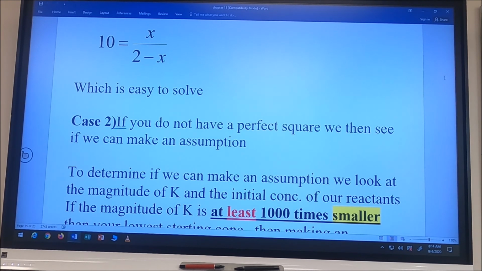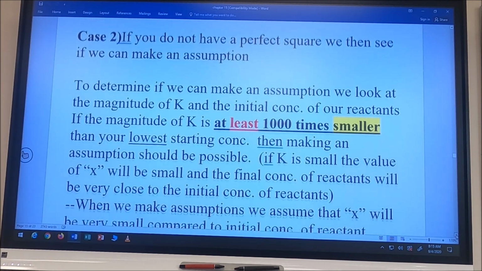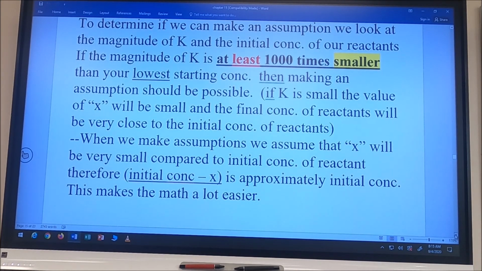Assumptions are kind of fudge factors, but the numbers we're dealing with are sometimes such that x is so small that we can fudge. So if you don't have a perfect square, we're going to look to see if we can make an assumption. When we do that, we're going to be looking at the value of K and the initial concentrations of our reactants.